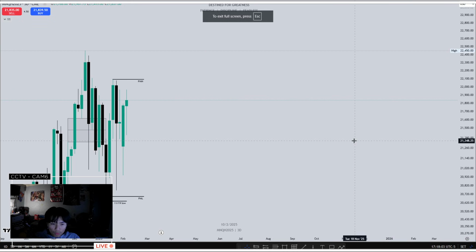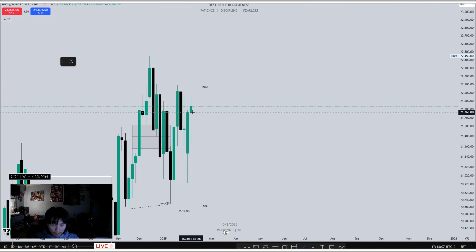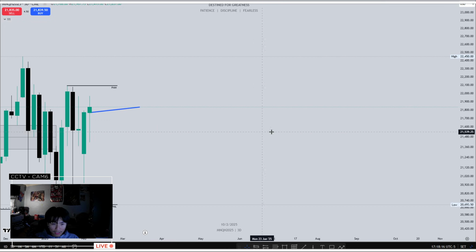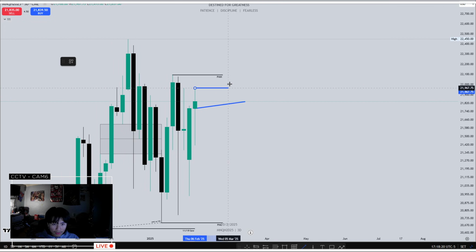If we are looking at this 3-day candle, which we just created at the end of today, notice how it is a bullish candle, right? I can anticipate for the next 3-day candle to take out this candle's high.